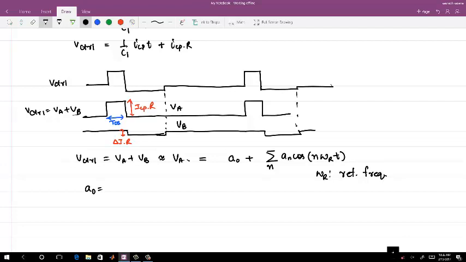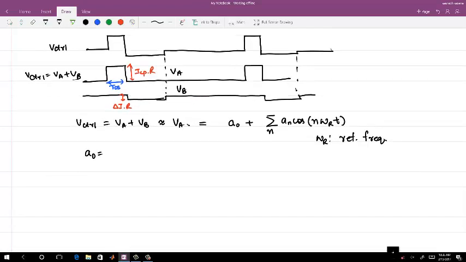A naught is how much? Yes, it is ICP, which I'm treating as the same as I, times T offset by TR. What is AN? Let me verify it here.